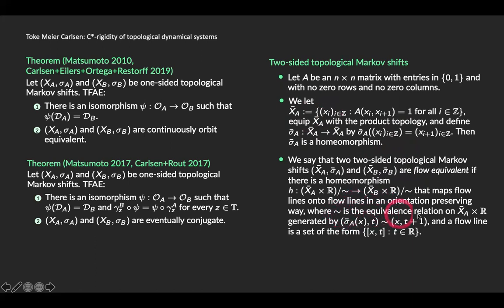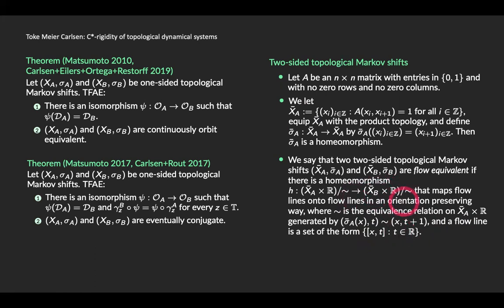So here tilde is the equivalence relation defined on the product of the two-sided shift space with R, generated by the relation that (σ̄_A(x), t) is related to (x, t+1). And a flow line is then a set of the form (x, t), where x is fixed and t runs through all of R.